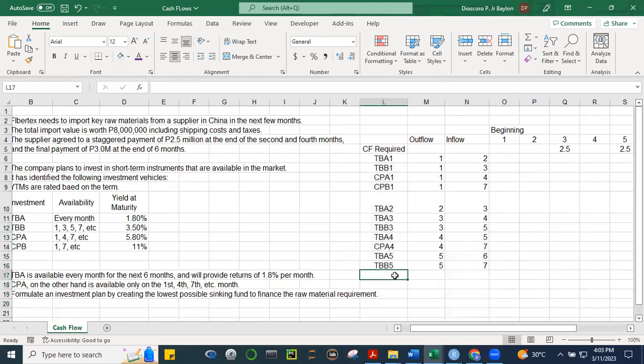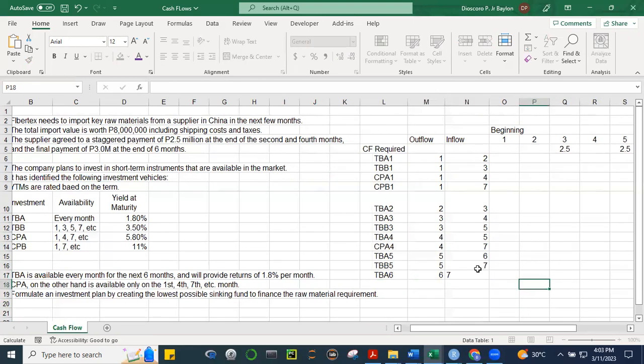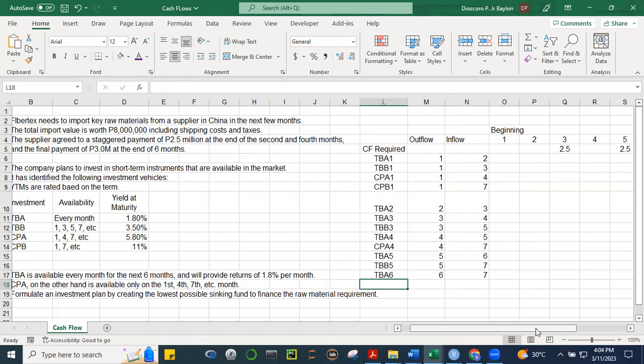We still have TBA 6, which we will invest at month 6 and which will mature at month 7, right? Okay, good. So TBB, hindi pwede, no? And then, do we still need TBA 7?